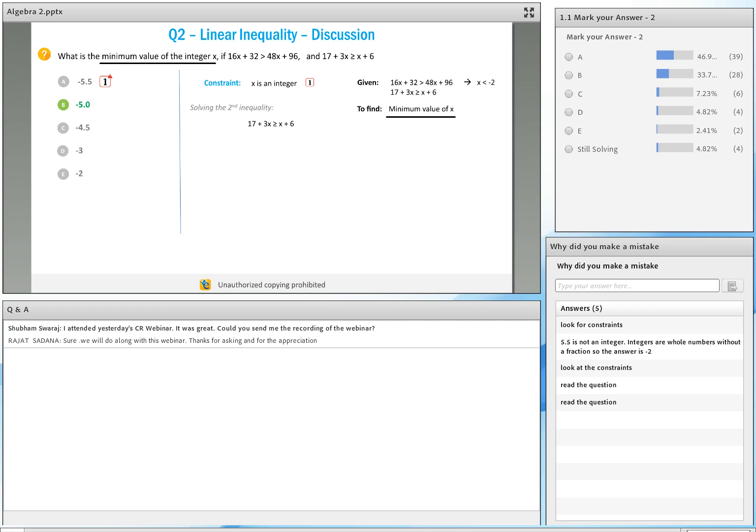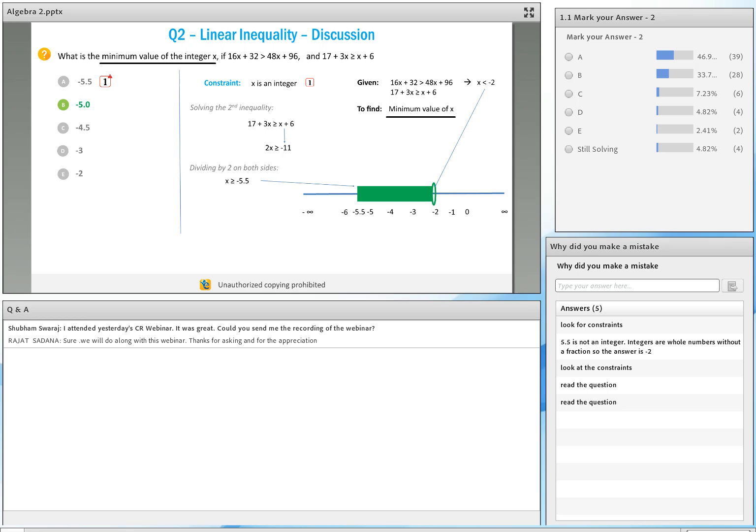So let's look at how we go about doing this. We already know the first inequality is x has to be less than -2. Let's focus on the second inequality now. We get all the terms with x on one side and all the non-variable terms on the other, and you get 2x is greater than or equal to -11. You divide by 2 on both sides. Remember, 2 is a positive number, so we don't have to change the sign of the inequality, which means x has to be greater than or equal to -5.5.